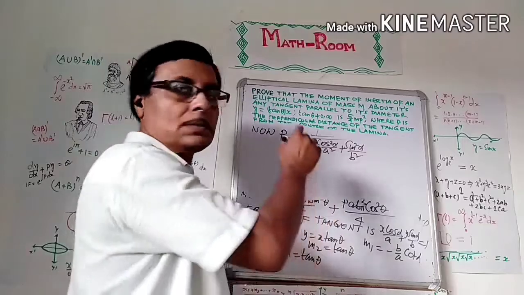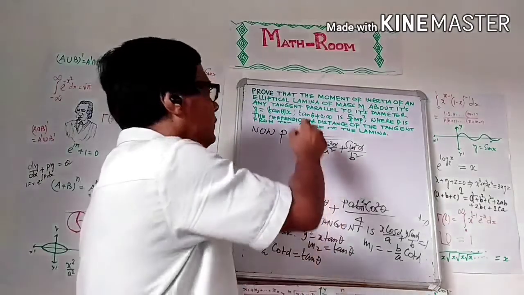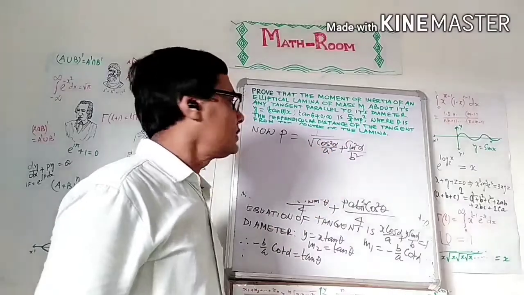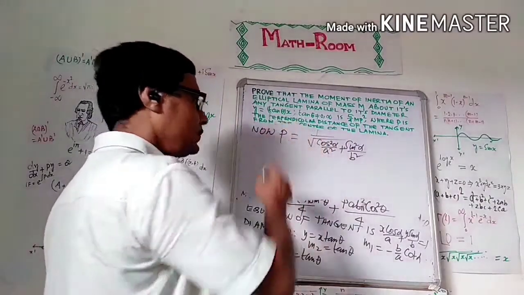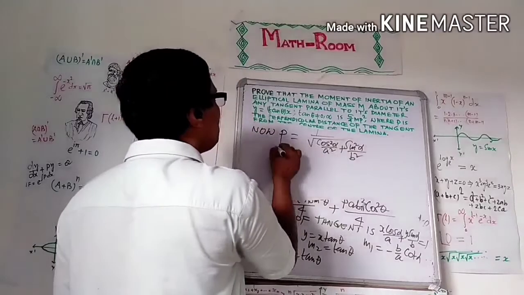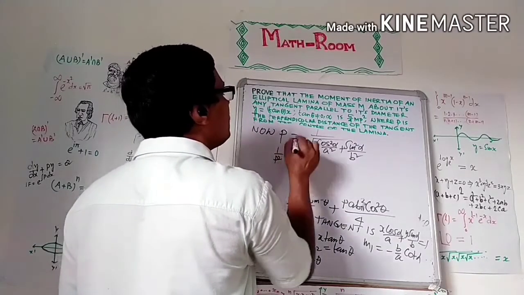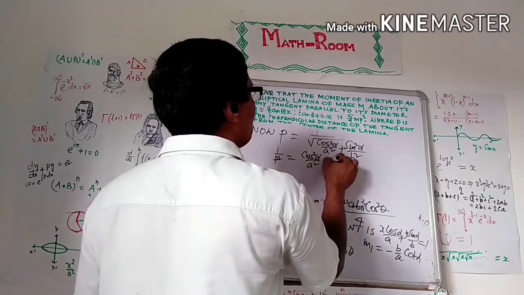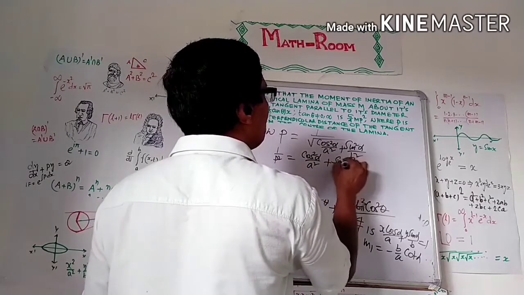This is the perpendicular distance of the tangent from the center of the lamina, which is given as p. So 1 over p square equal to cos square alpha over a square plus sin square alpha over b square.